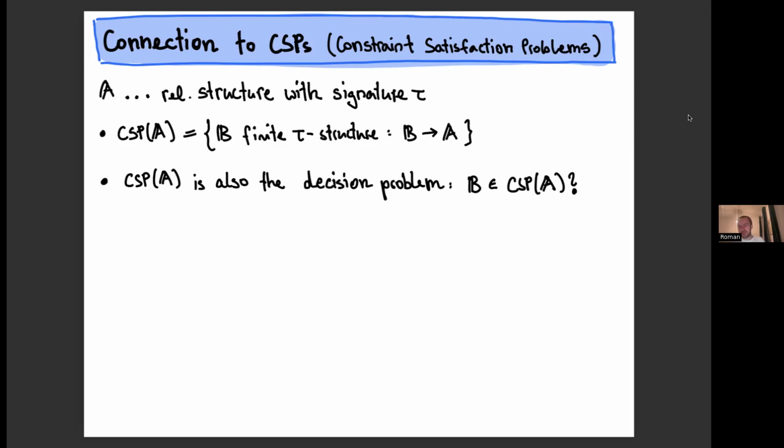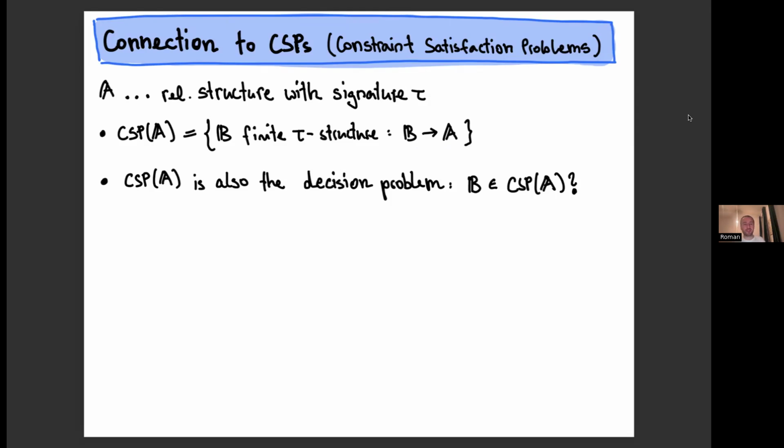I know Sebastian last week also defined constraint satisfaction problems, but he defined them in a slightly different way than I'm going to introduce them. So even if you've seen his talk, maybe this is going to be a new perspective, or you already know constraint satisfaction problems quite well, so then this will just be a recap. I wasn't sure if everyone here was super familiar with those.